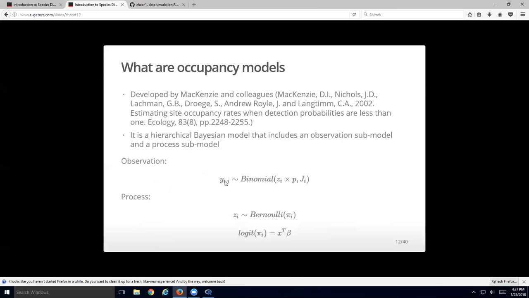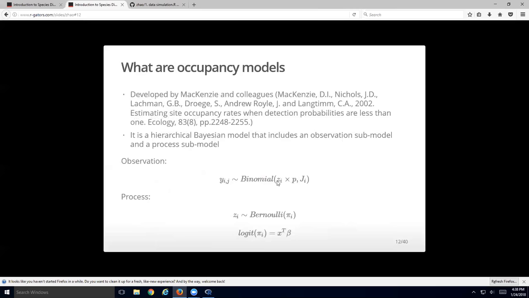For any site i, you can go there and repeat the observation J_i times. And we assume that during those replicates, the true but latent status z did not change. So if the species is there, it's always there during that period of time, but you just observe it several times.